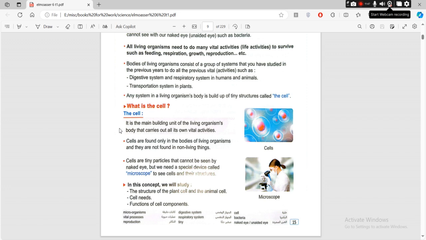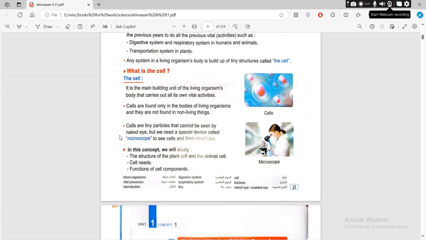The heart, when it beats, this is a very vital activity. You can't live without it. Thinking, smelling, all of these are carried out by cells. And cells only exist in living organisms' bodies, and they can't exist in a non-living thing.